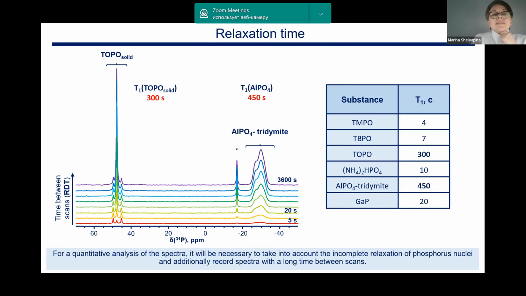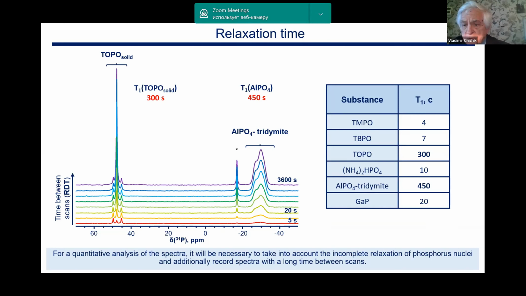Which spinning frequency do you use in your spectrometer, and which is the line width in statics? Okay, when we use an internal standard, the spinning frequency is 10 kilohertz. When we don't use an internal standard, it is 12 kilohertz.